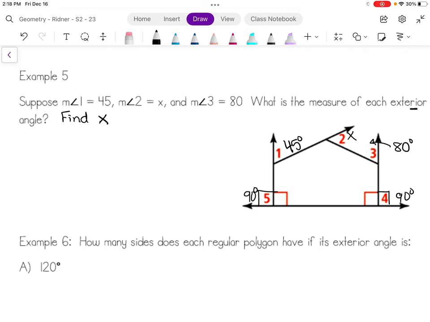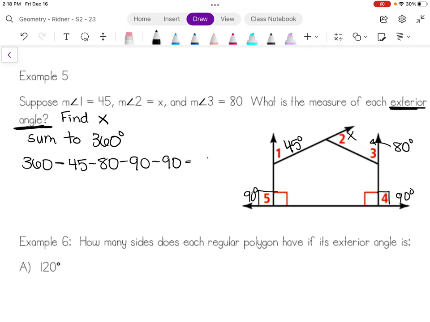Remember, exterior angles sum to 360. So I'm just going to take 360 and subtract all of those angles that were given to find x. So when I type that in my calculator, I get 55 degrees. So x right there is 55 degrees.